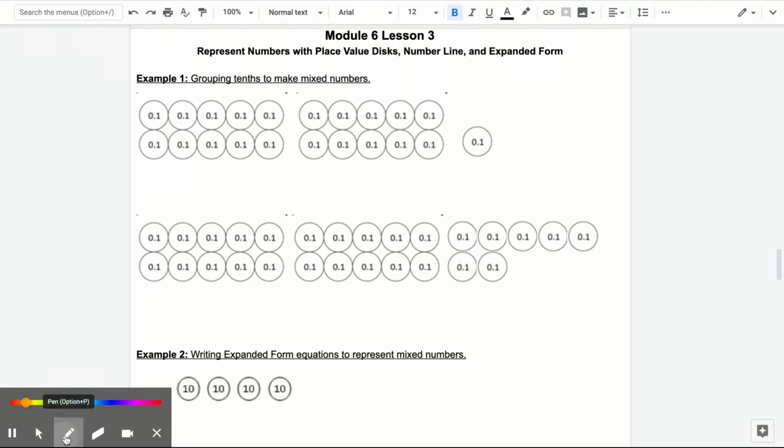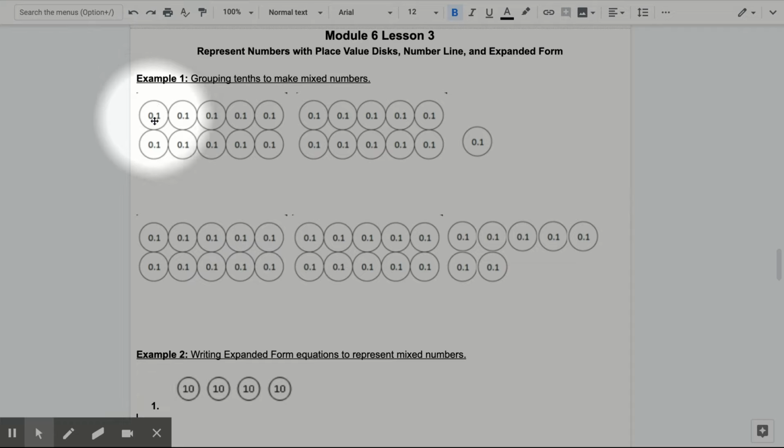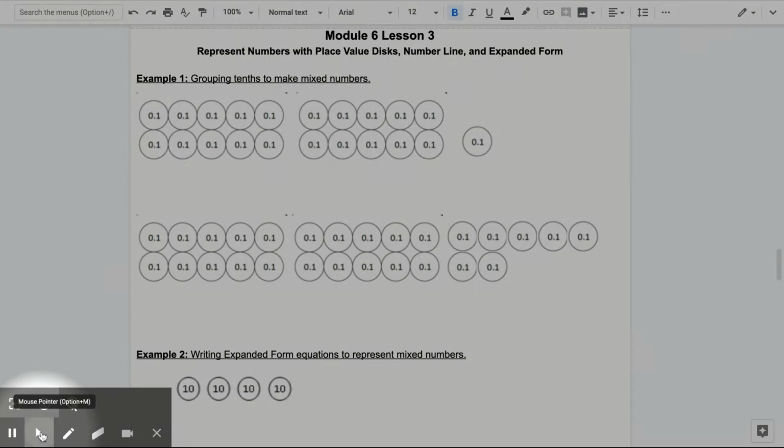If you look at this first set of tenths, you'll see that these tenths are represented in decimal form. This is important to note because decimal form and fraction form, we're going to say them both the same way. Remember, these are tenths, even though it doesn't look like a fraction today.